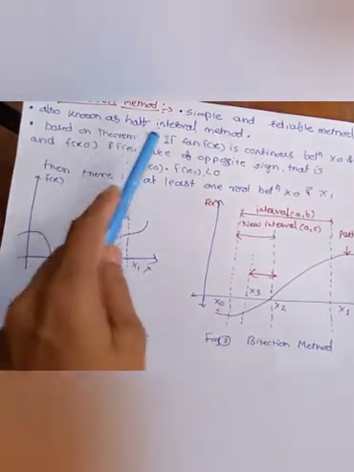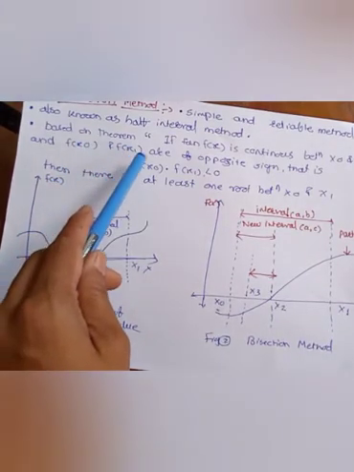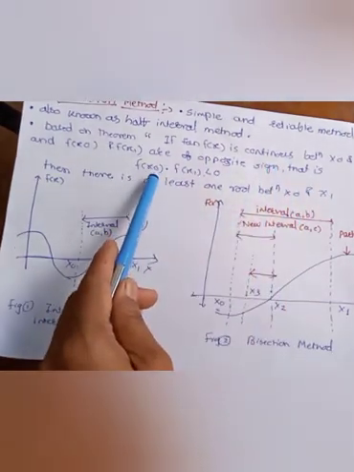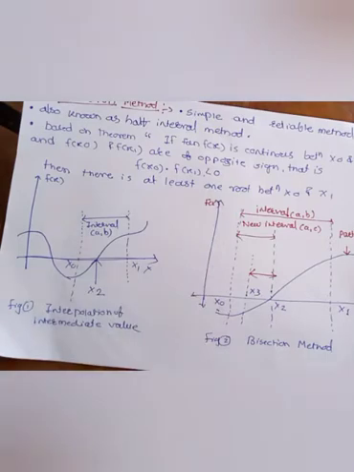This method is based on the theorem: if the function f of x is continuous between x0 and x1, and if f of x0 and f of x1 are of opposite sign, that is f of x0 into f of x1 is less than 0, then there is at least one root between x0 and x1.